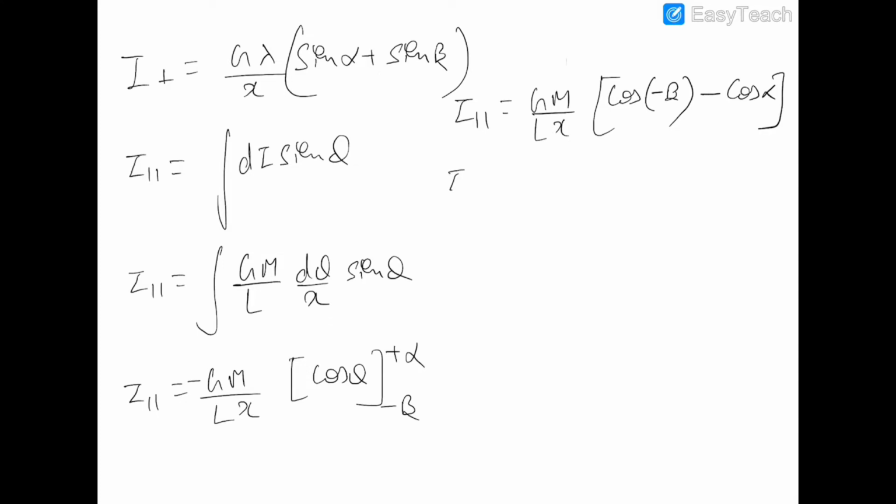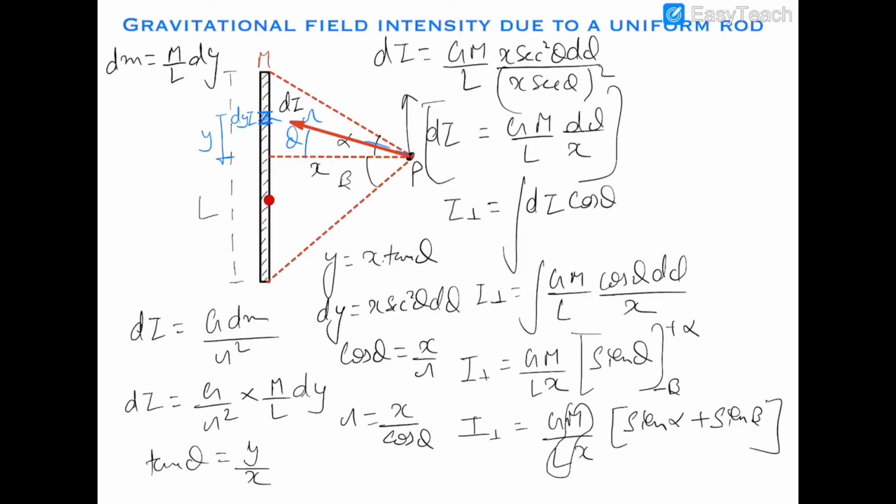You know that cos of minus theta is itself cos theta. So this is cos beta minus cos alpha. So this is the parallel component of gravitational field intensity. And why are we naming it as parallel? Because it is parallel to the rod.